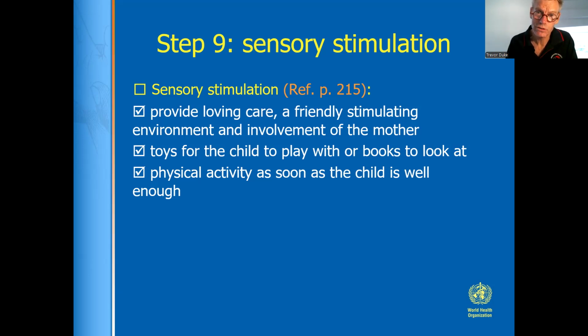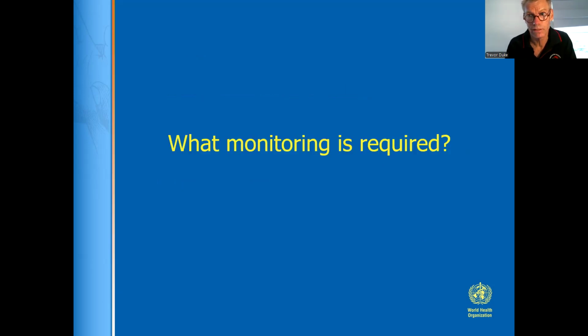Have toys for the child to play with or, for older children, books to look at and read. And when the child's well enough, then physical rehabilitation becomes very important as well. So making the hospital environment a very sensory and stimulating environment for a child is important because they will be depressed and it will take them some time to recover.